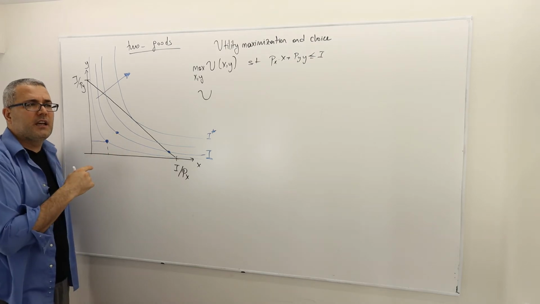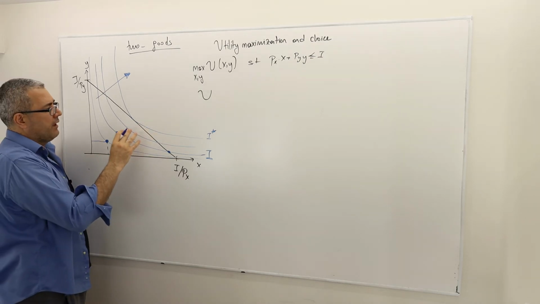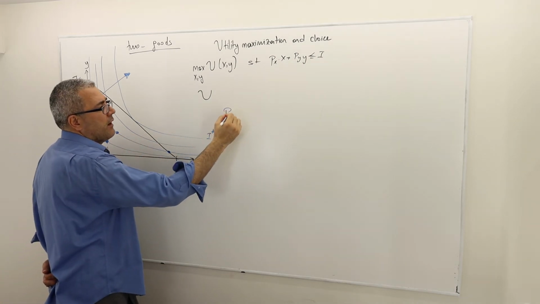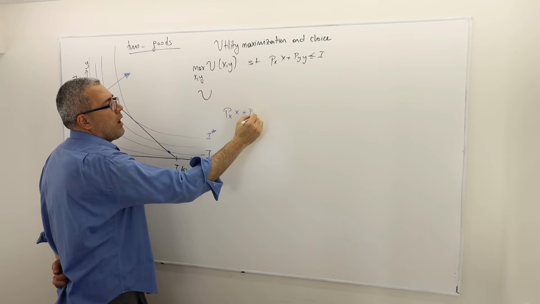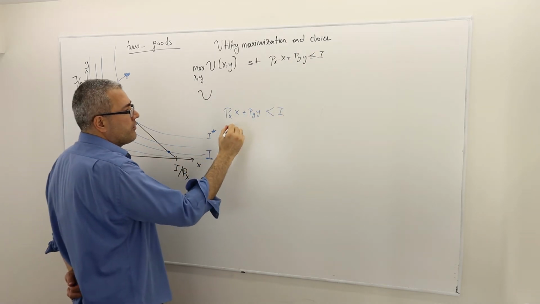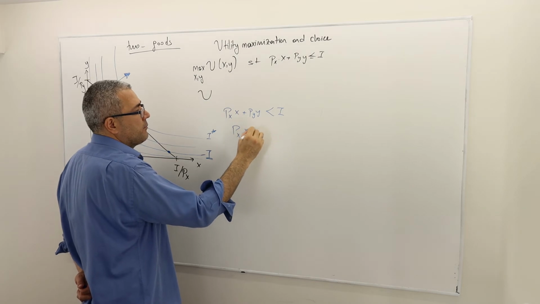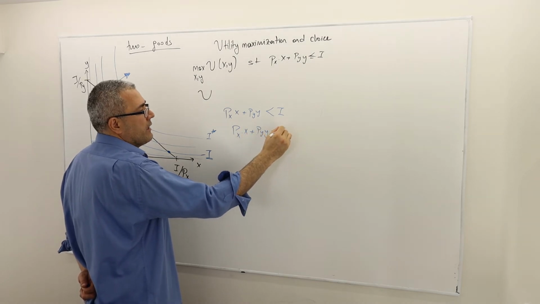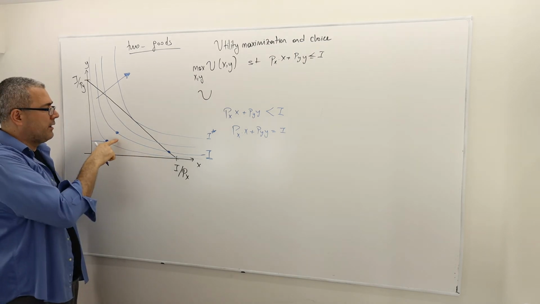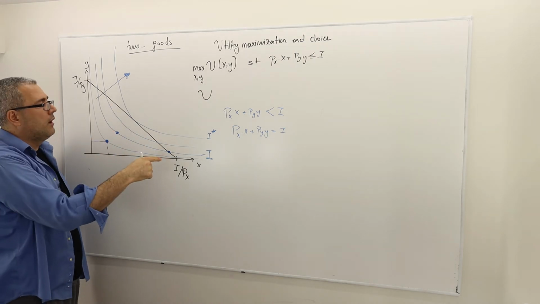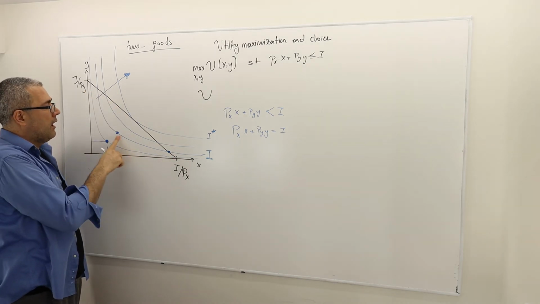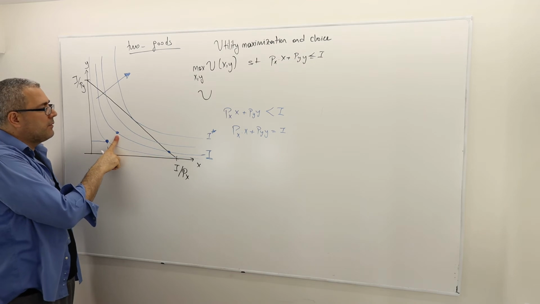How do I understand it? Every point in this triangle satisfies PX x plus PY y strictly less than I. And everything on this boundary satisfies PX x plus PY y exactly equal to I. Therefore, if you are in the triangle, not on the budget line, that means you're not spending your entire money.